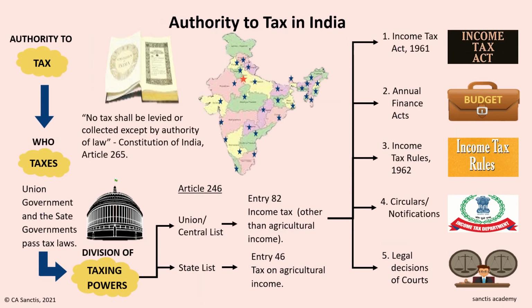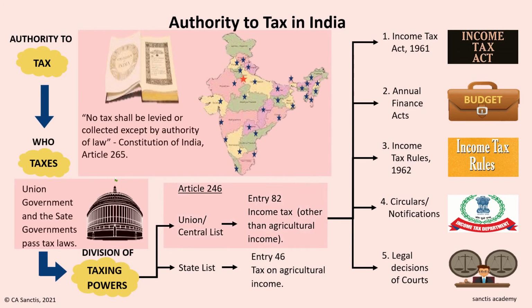Then we went on to learn the authority to tax in independent India. We learned that the Constitution of India in Article 265 gives the power to tax and states that no tax shall be levied or collected except by authority of law. The union government and state governments pass tax laws.